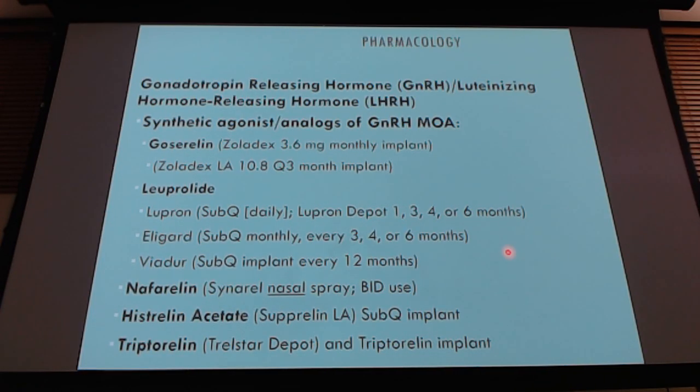And then if I give you a depot of something, remember anytime we talk about depot, those last longer, so therefore you can see where I'm not having to inject myself as often. My Nafarelin goes at my nose. Inhalation in my nose, okay, nasal spray. And then you have your Histrelin and then your triptorelin that you have available.